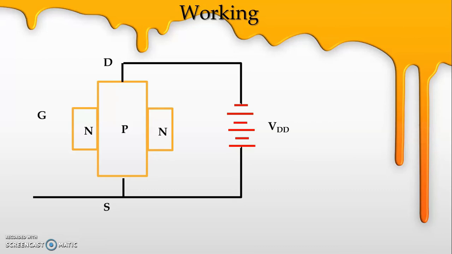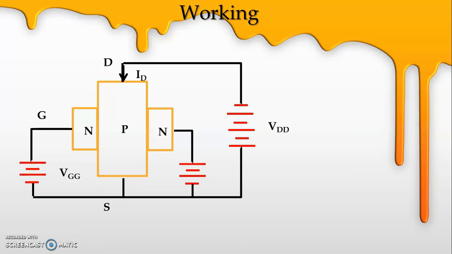The voltage applied across drain to source is known as VDD, and current starts passing from drain to source. In the absence of gate voltage, the channel is open, and because it is lightly doped, after application of the drain supply voltage, the conventional current already passes through the channel.